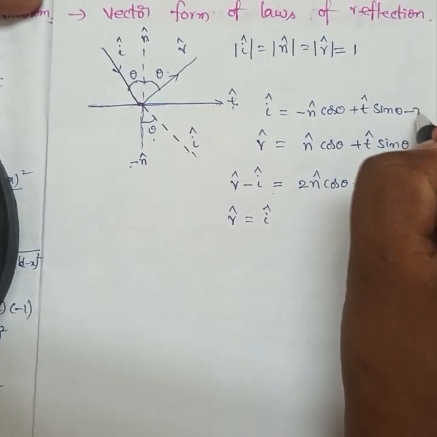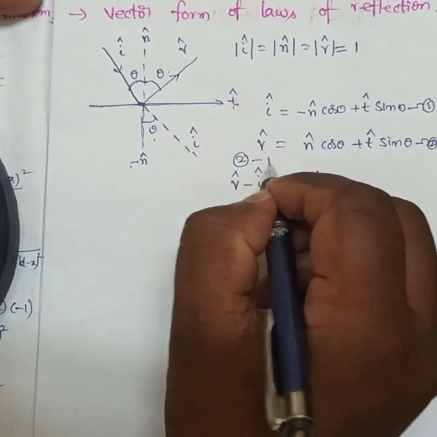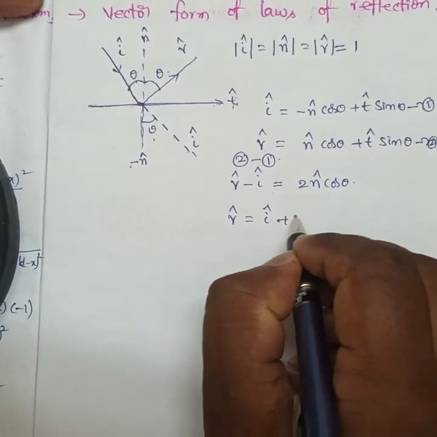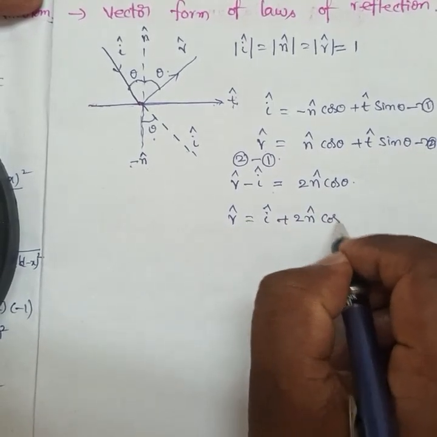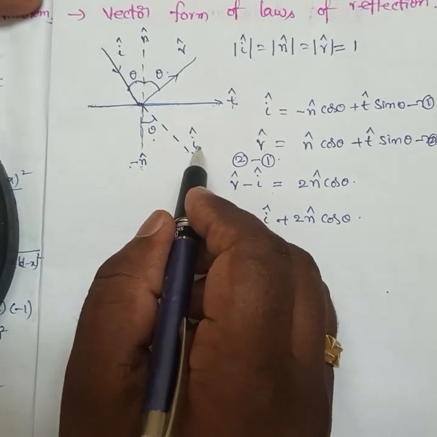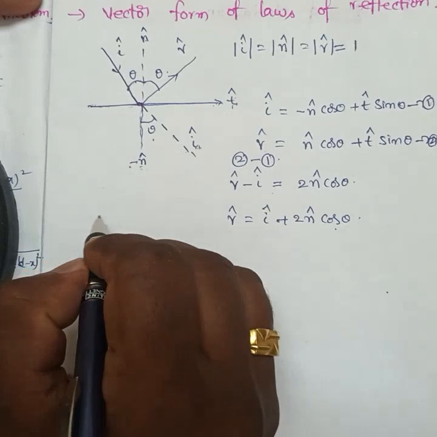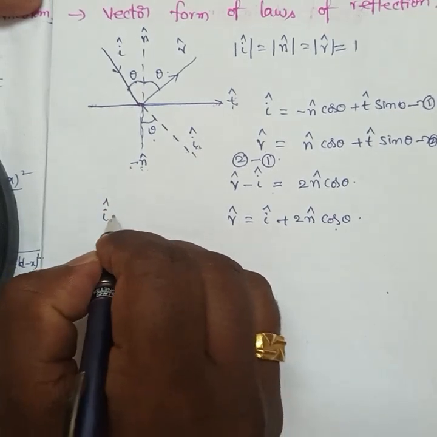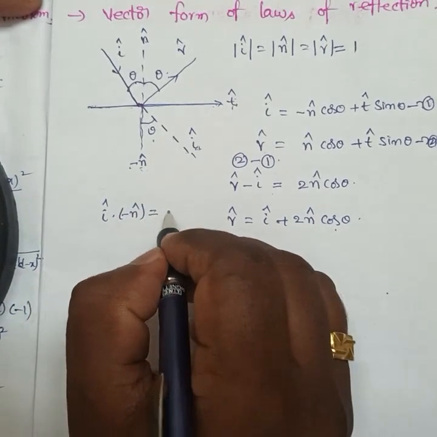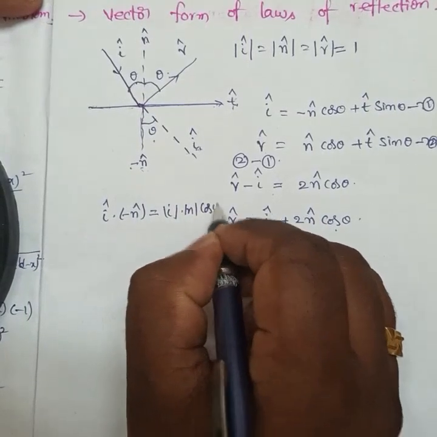Take these as equation number 1 and equation number 2, and subtract equation 1 from equation 2. Therefore r cap equals I cap plus 2 n cap into cos theta. From this equation, I cap and n cap are the basic terms, so we need to calculate cos theta. Now I cap dot minus n cap equals magnitude of I and magnitude of n times cos theta.